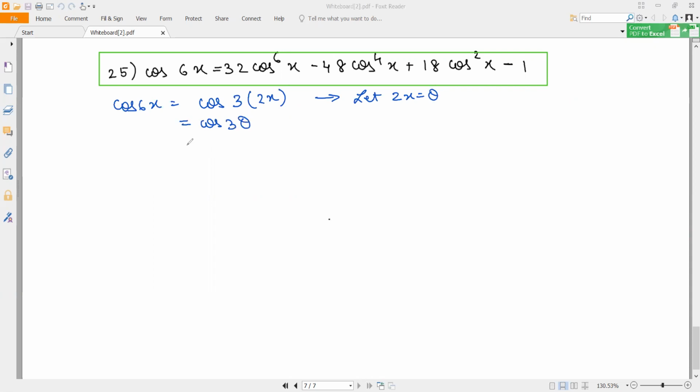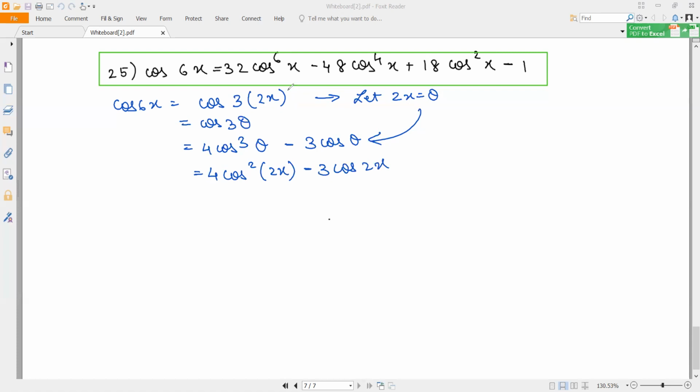Now we know the formula of cos 3 theta is 4 times cos cube theta minus 3 cos theta. This is the formula for cos 3 theta. Now again, resubstituting theta is equals to 2x, so 4 times cos cube 2x minus 3 times cos 2x.